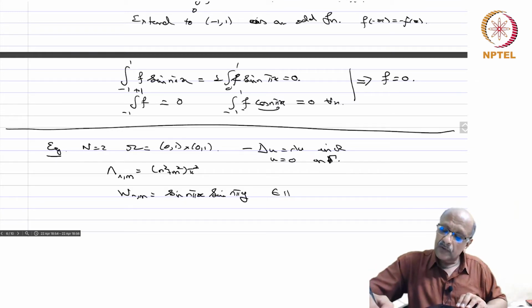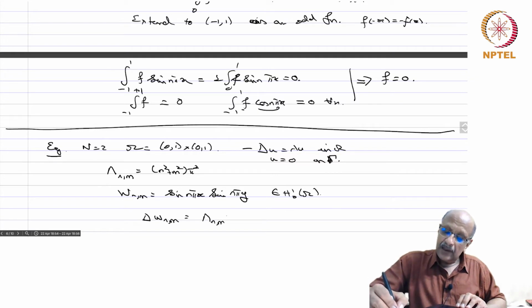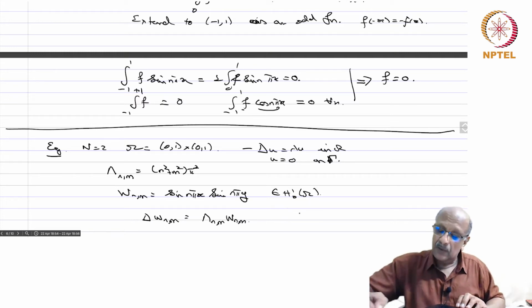Now, this belongs to H10 since it vanishes on the boundary, and you also have minus Laplacian w nm equals lambda nm w nm, because of the variable separable property and example 1.